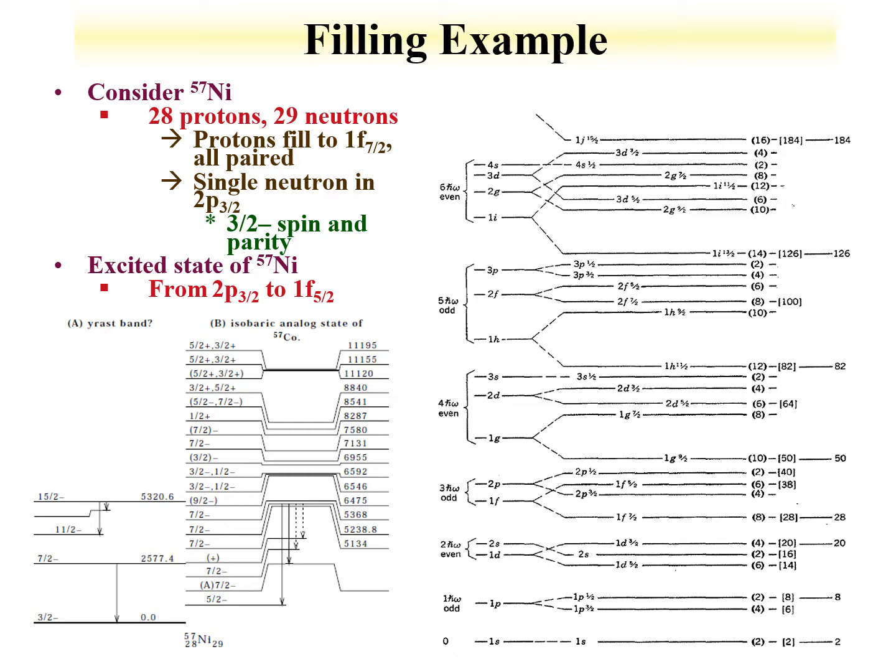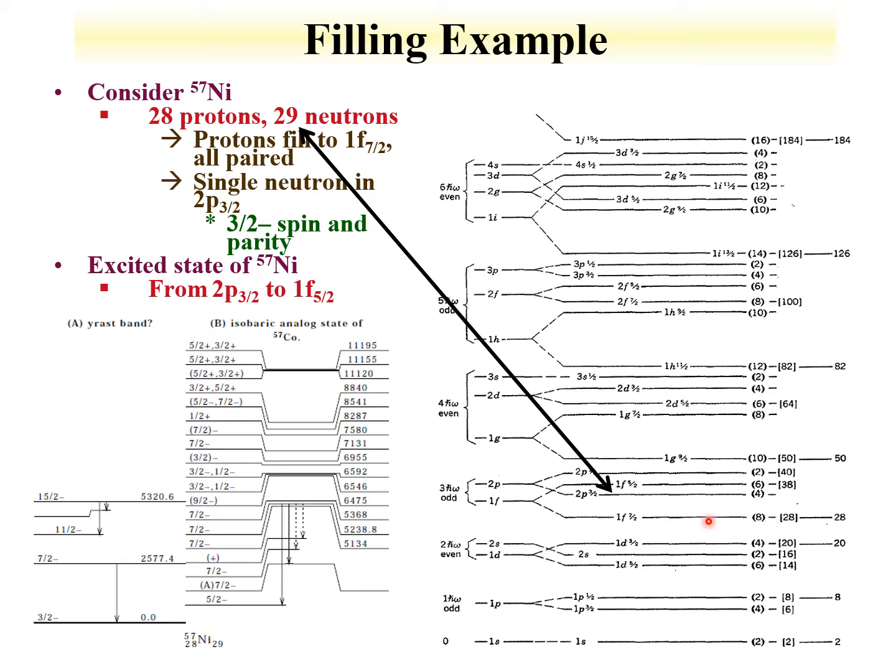We can now consider an example that's a little bit more complex than lithium-7. Let's consider nickel-57, which has 28 protons, 29 neutrons. So that odd 29th neutron is going to define the behavior of the nucleus.